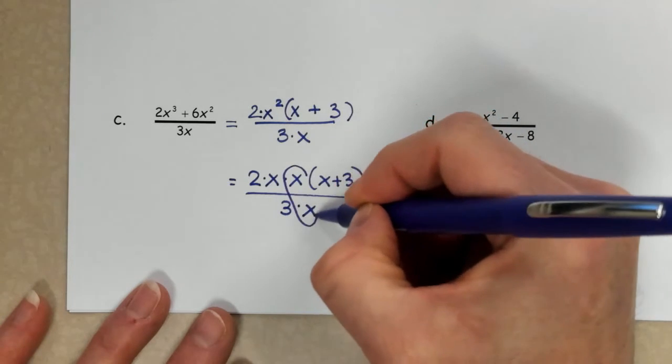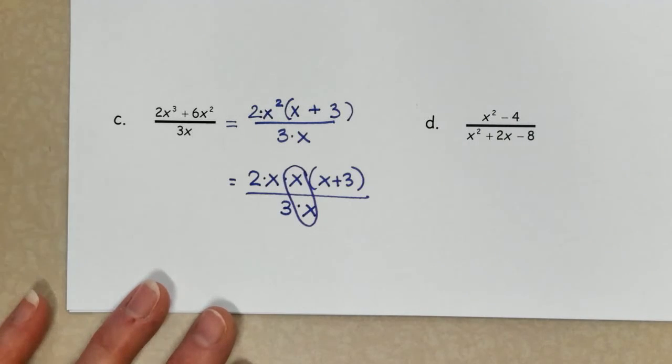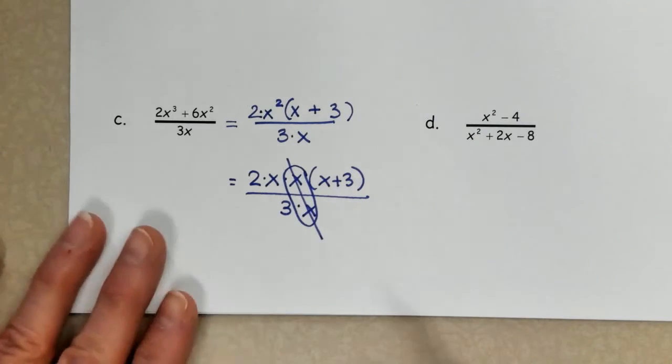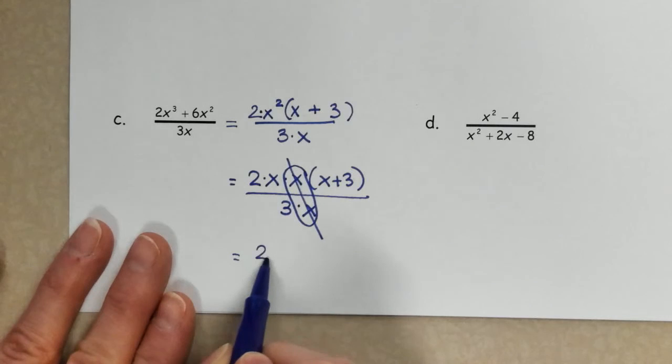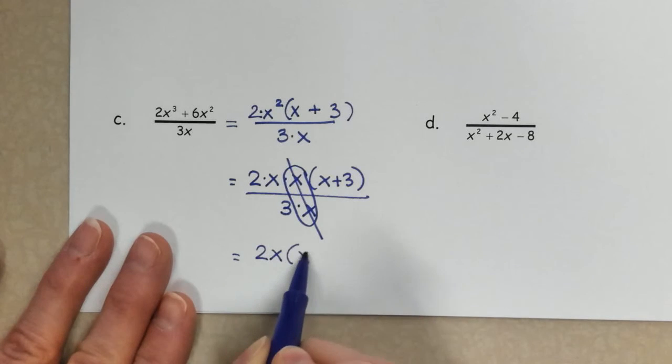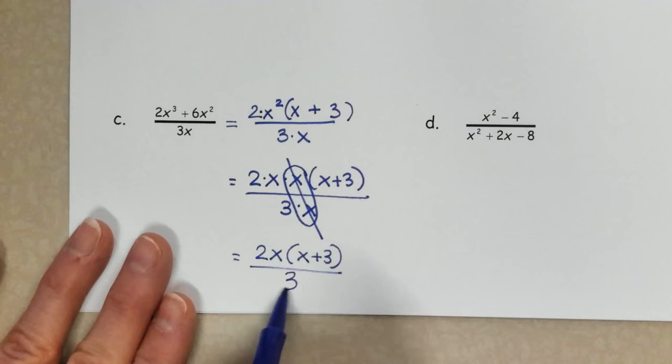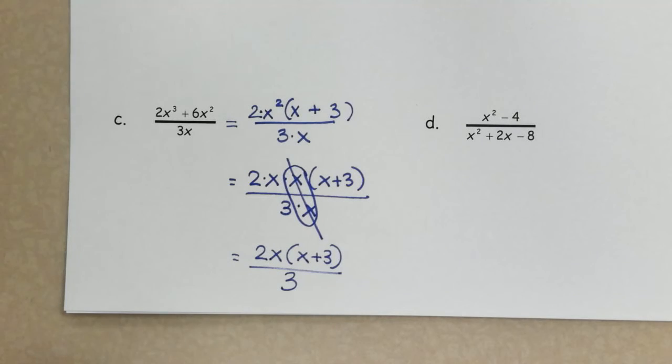So this pair of x's, for example, would be an example of a pair of factors dividing to make 1 that I would want to cross out. So I still have to keep 2x and x plus 3, but on the denominator I just have a 3 now. I've lost one of my x's from the top and my only x from the bottom.